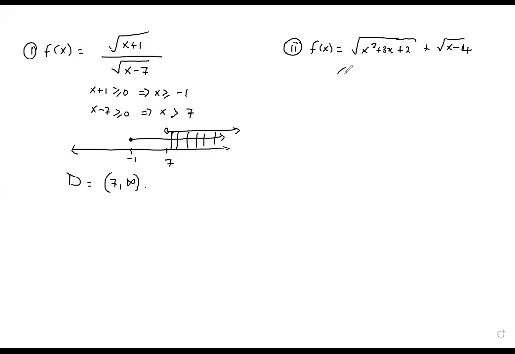So you can start from x minus 4 must be greater or equal to 0, implying that x should be greater or equal to 4. That's the first thing.